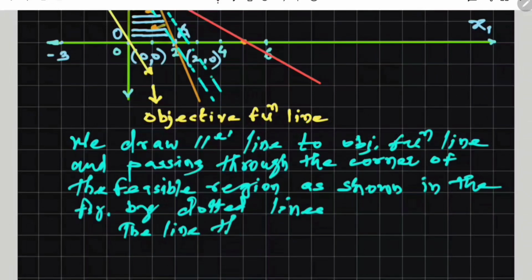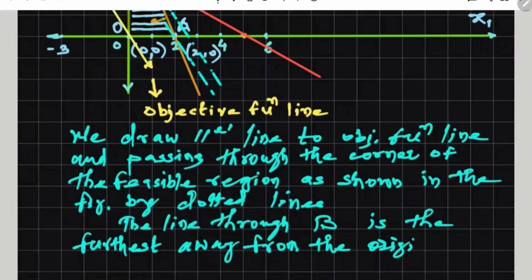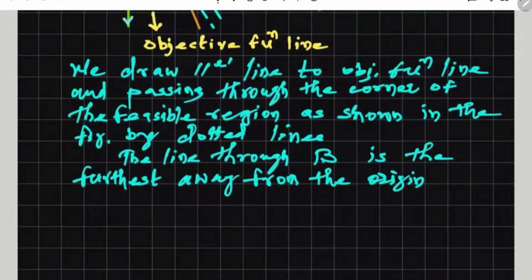The line passing through point B is the furthest from the origin, and therefore that point B is the solution of the linear programming problem, the values of x1 and x2.